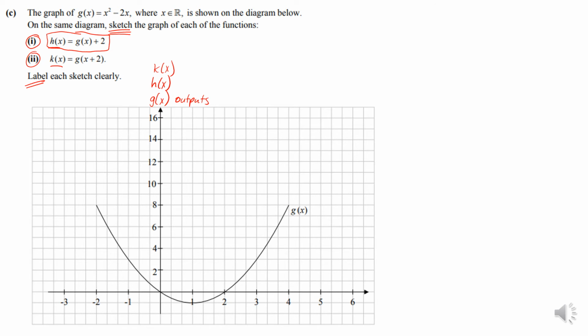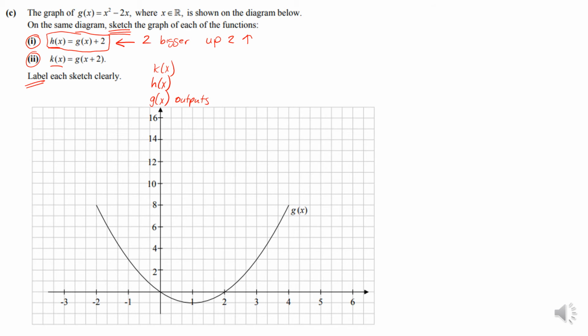Okay, so this line here tells me that the outputs for h of x are the same as the outputs for g of x, but 2 bigger. Okay, 2 more. Or we'll see on the graph it's going to be up 2.